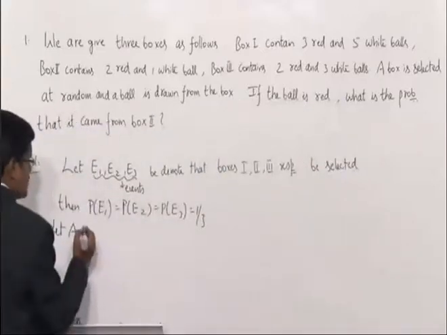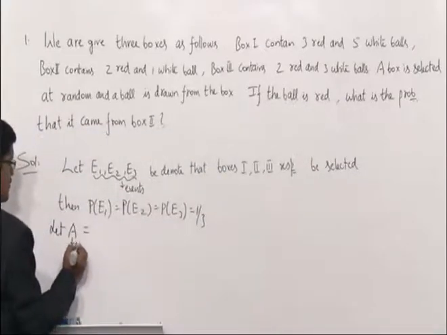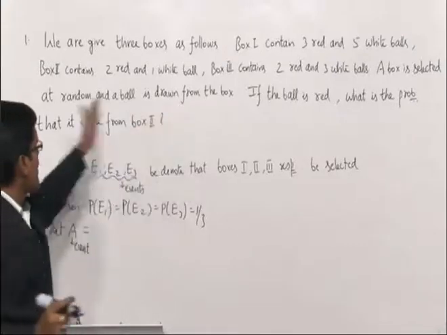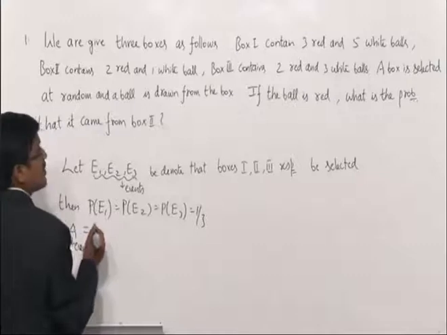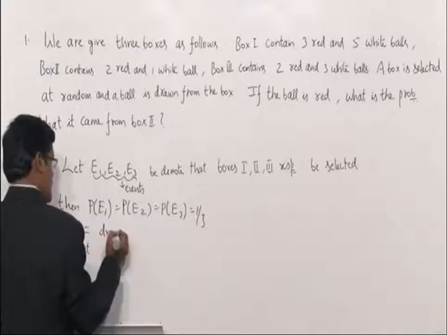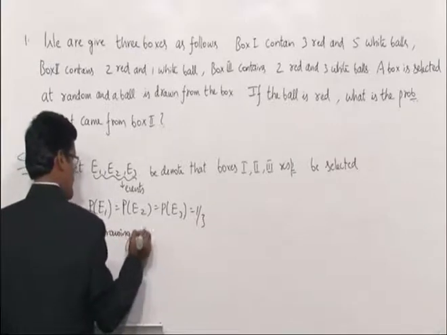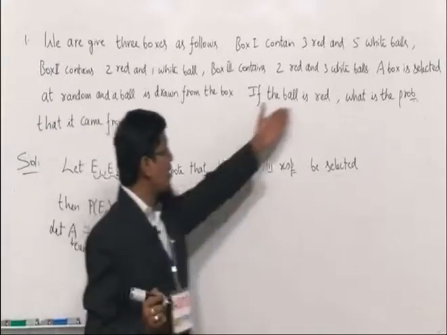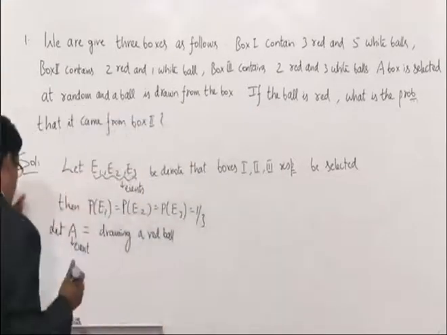Let A be an arbitrary event. After selecting a box, he picks a red ball. That is, a box is selected and a ball is drawn from the box. Why am I taking drawing a red ball? Because it is mentioned that the ball is red.